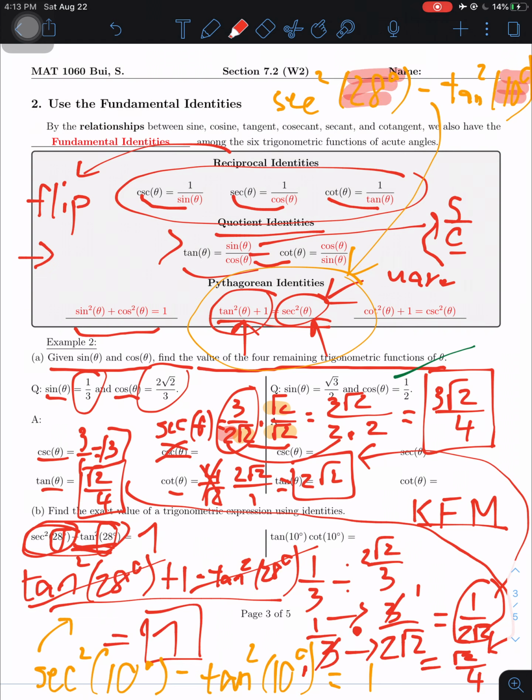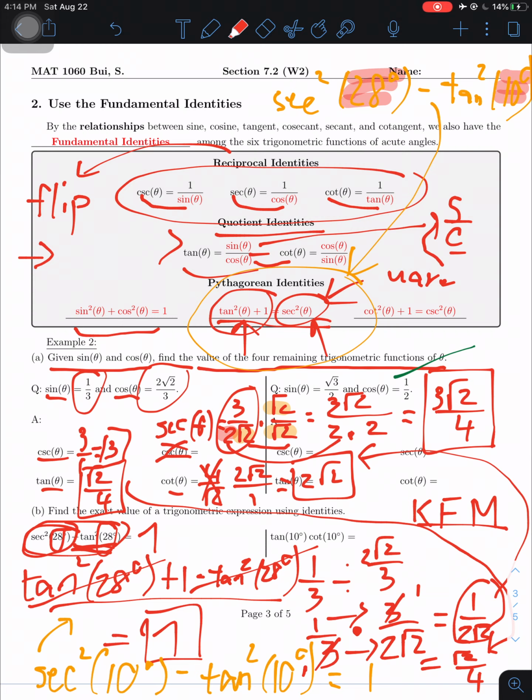For this class, I'm not going to give you something like this in the assessment, at least not for 7.2. Okay, so you don't have to worry about this case. If you were to see it, you can tell me there's a typo in the test and I'll fix it. But for sure I'm not going to give you something random like this. The angles must be the same.